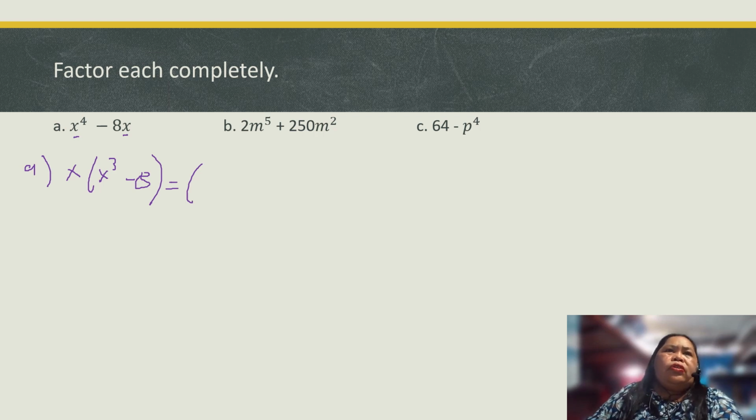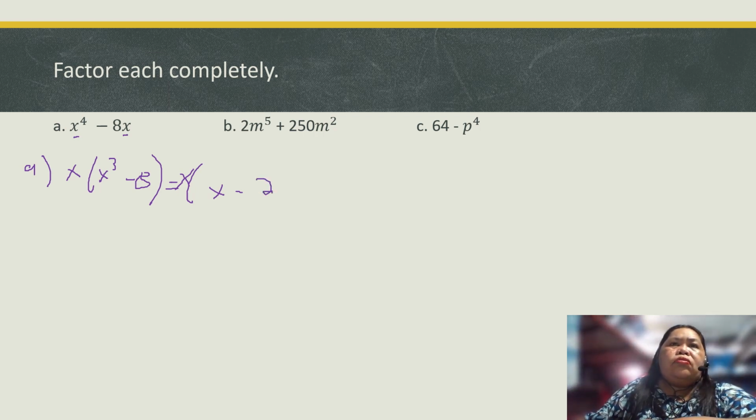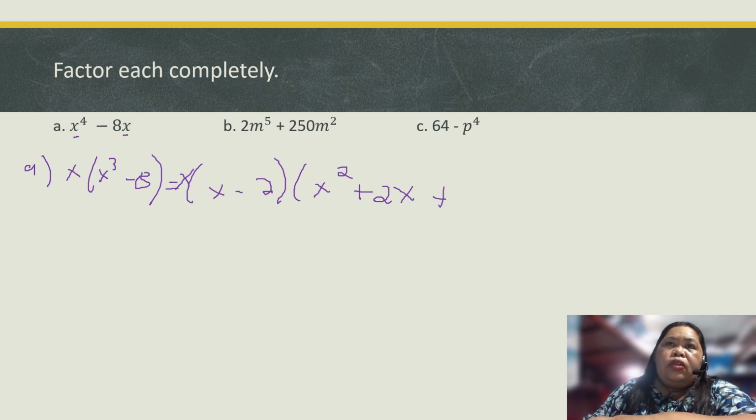For your final answer, copy the x, then get the cube root of x cubed, so we have x, and the cube root of 8 is 2. Then square the first term, so we got x squared, plus 2 times x is 2x, and then square the last, which is 2 times 2, 4. So this is now our final answer.